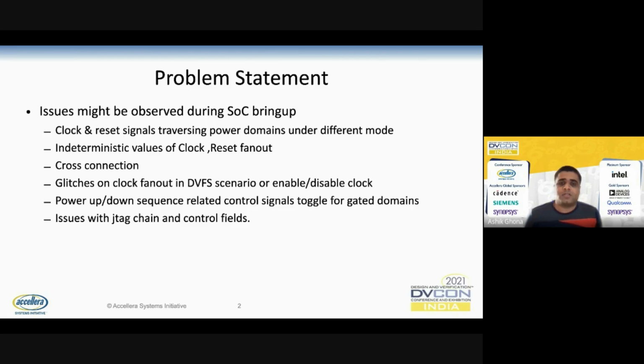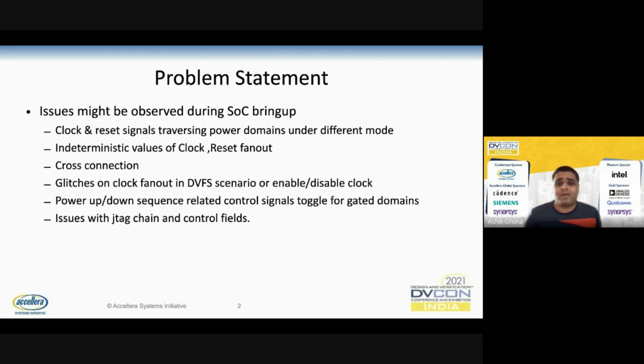Cross connections. It's possible that clock and reset signals are connected wrongly from source to destination, connected to different IPs than expected under different SoC modes. We might be seeing glitches, especially in DVFS and power gating scenarios, while enabling or disabling clocks.